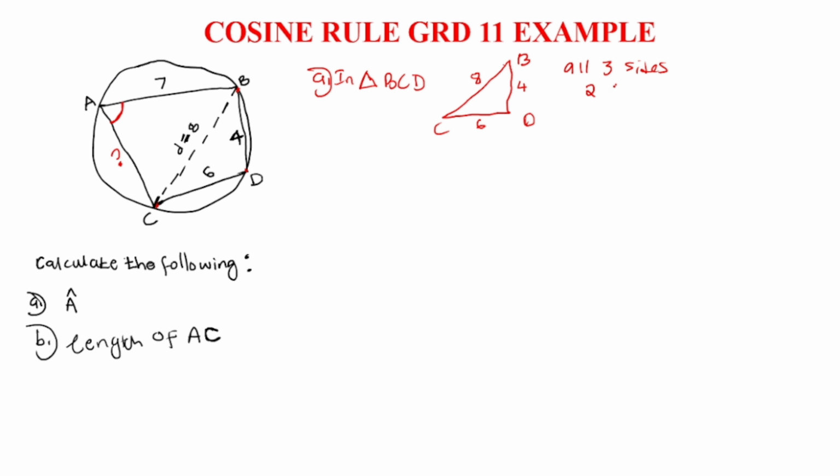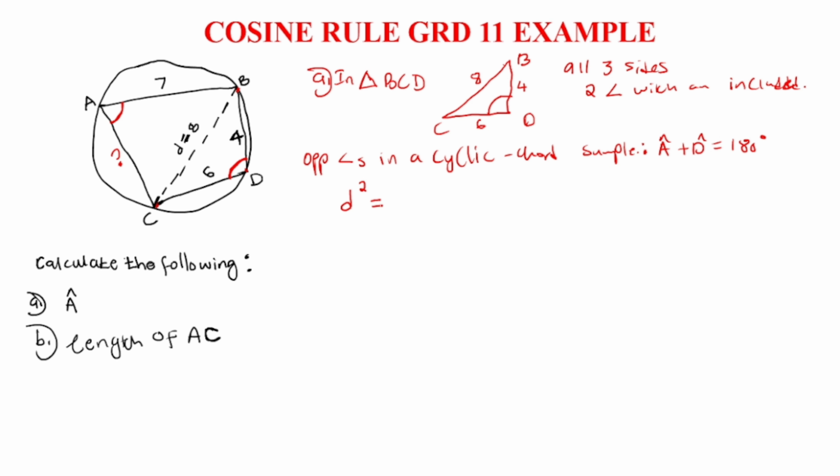Therefore, outside here it must be d squared is equal to b squared plus c squared minus 2bc cos D, because we're looking for D. Small letter d is this one here, this is c, and this is our b.